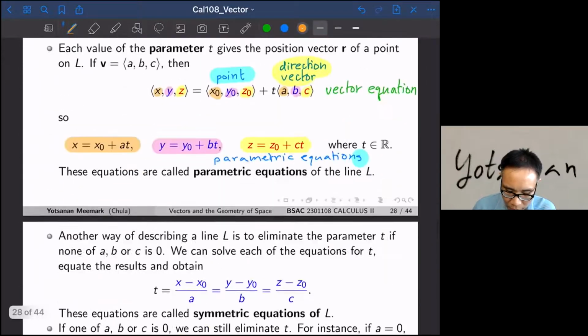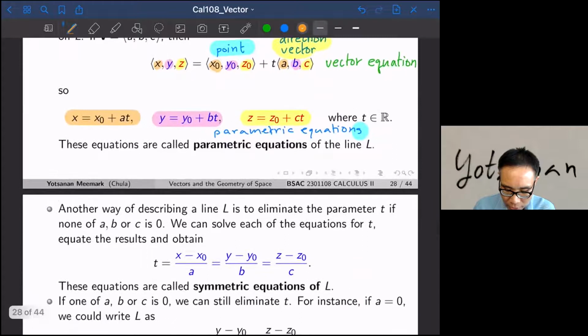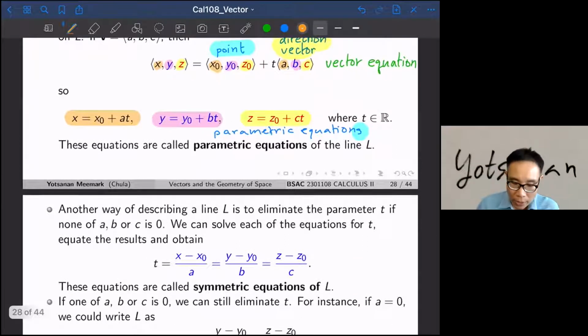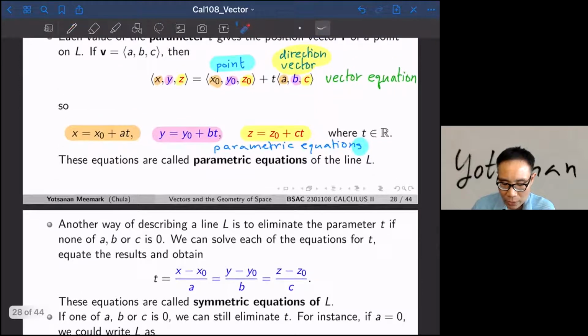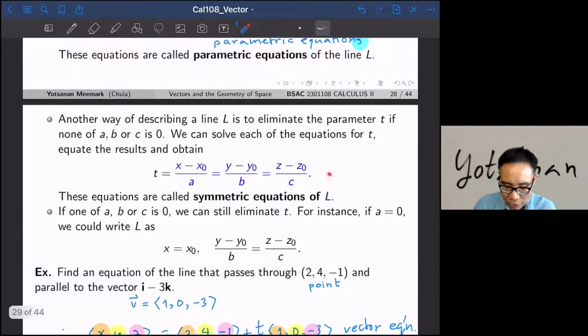So let me go back to discuss the symmetric equation. We have one way to present the equation of the line, which is the vector equation, then the parametric equation, and you also have another way, which is called the symmetric equation.